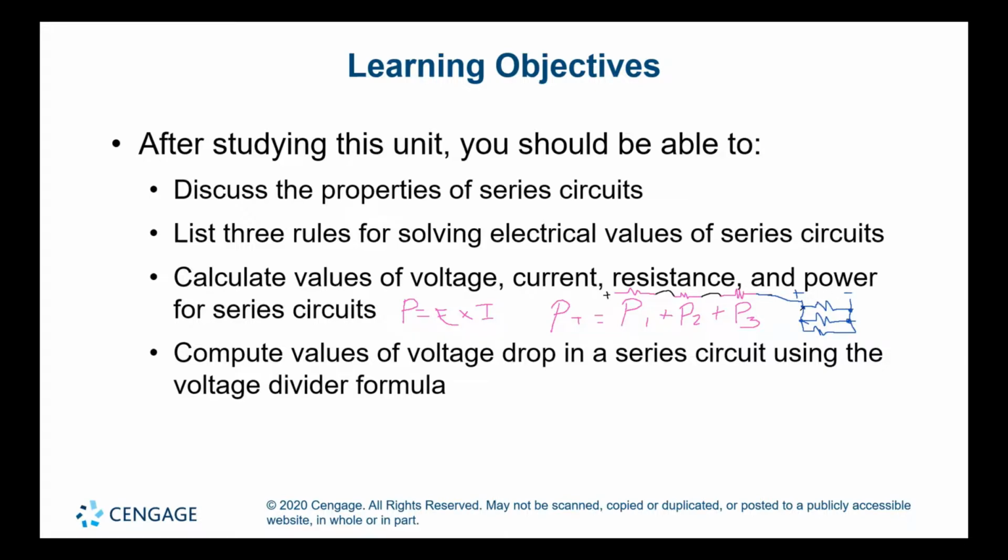Now we have a combination circuit. Now we have a series parallel circuit. And that being the case, we still have an input and an output, and all this is going to be in series, and these 3 are connected in parallel.